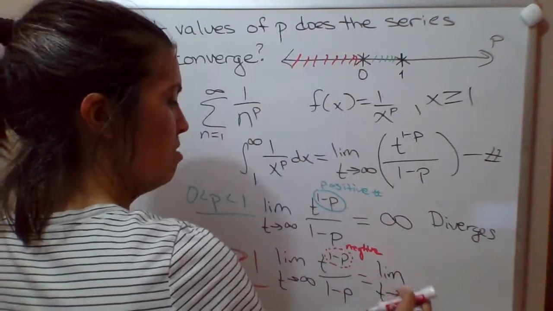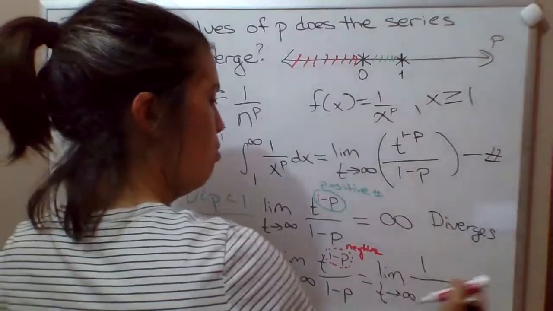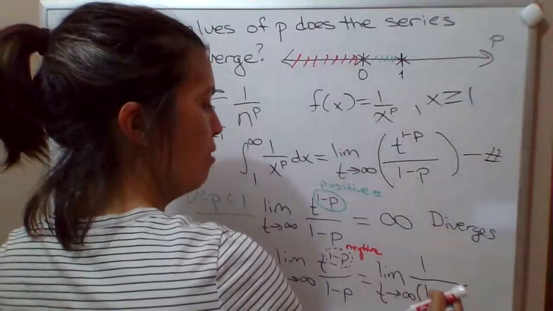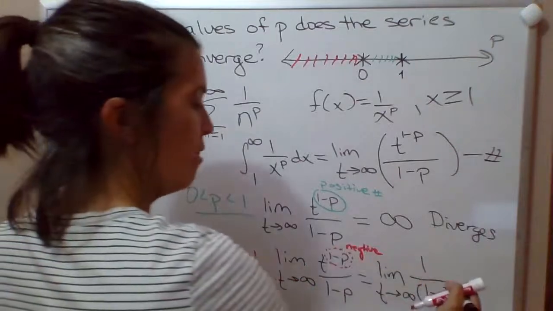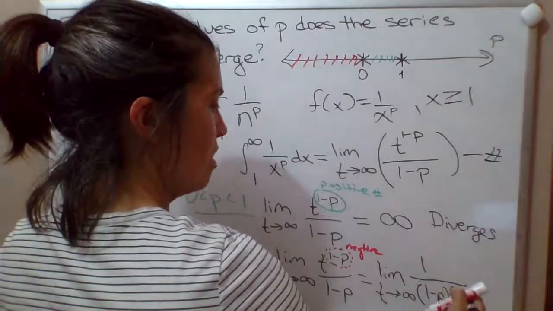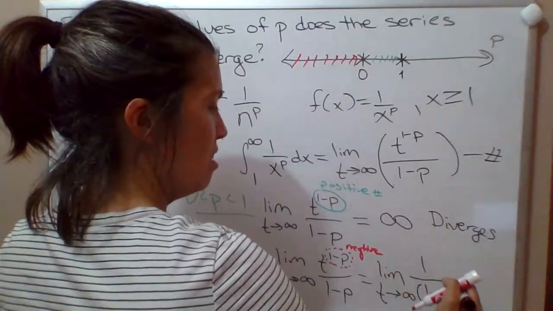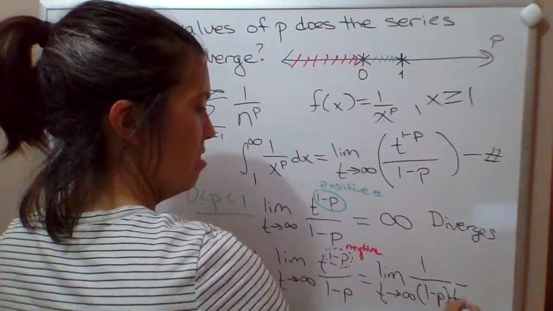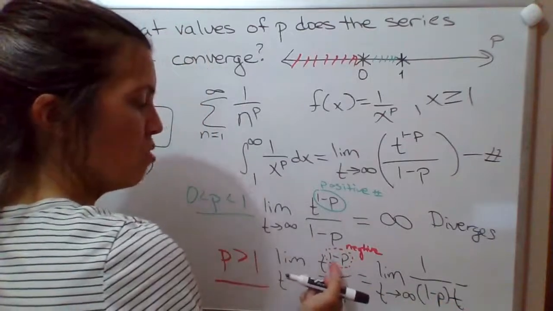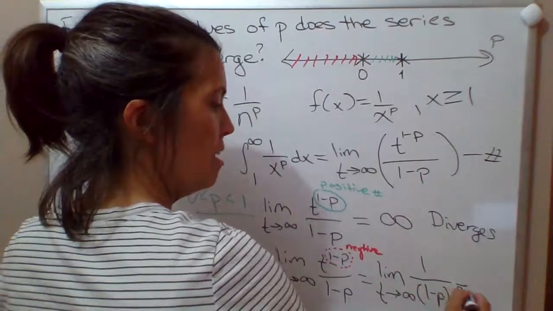So the limit as t approaches infinity of 1 over, so we've got this 1 minus p down here, we're not so concerned with that, and then we bump this down, so times t to the, when we change the sign on this, negative 1 minus p is p minus 1.